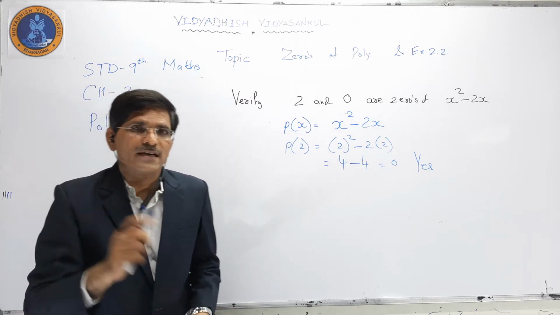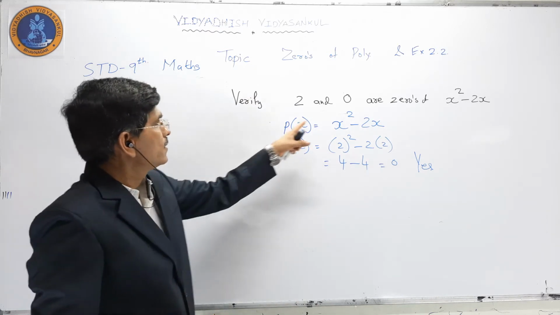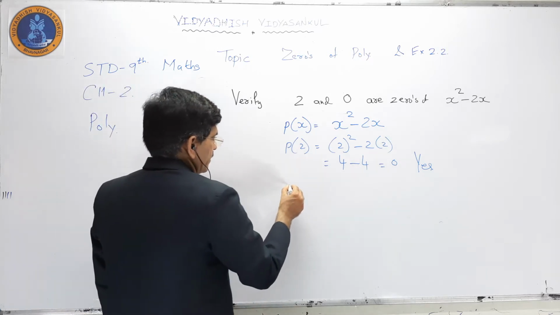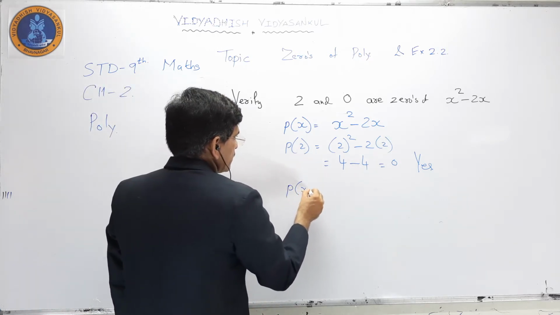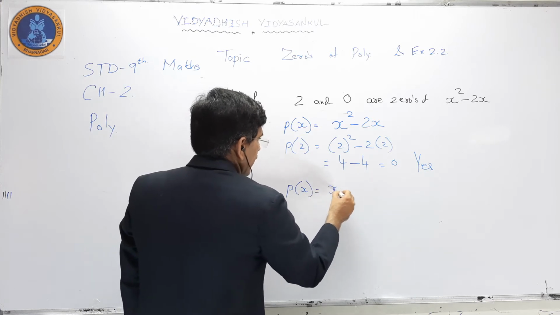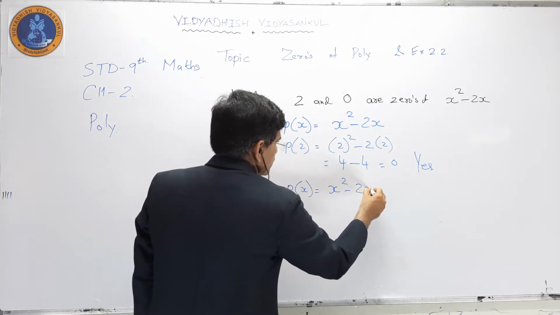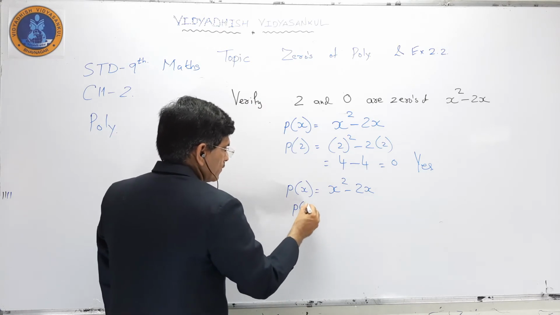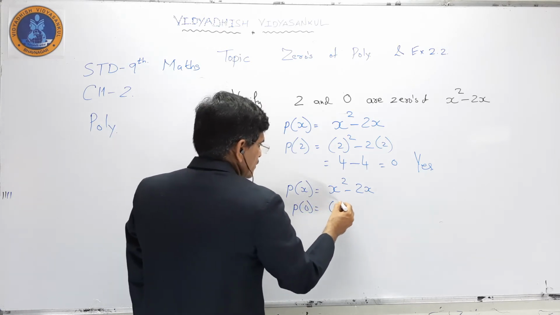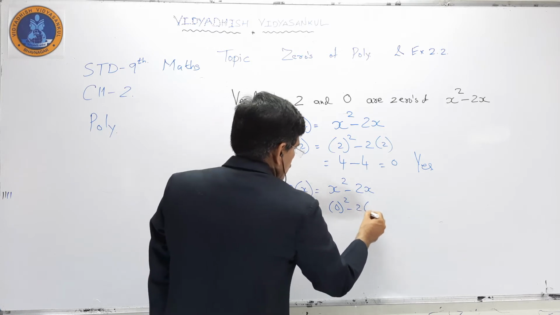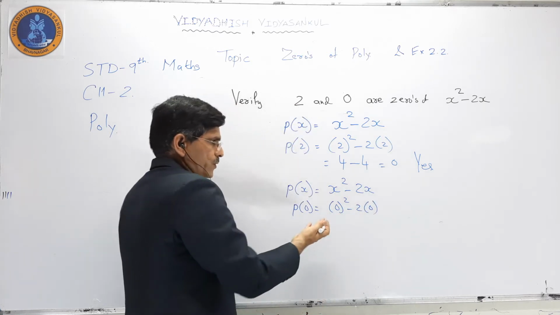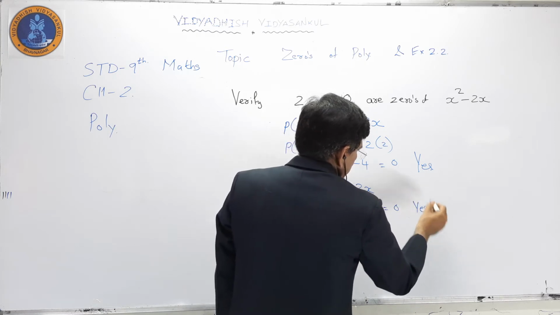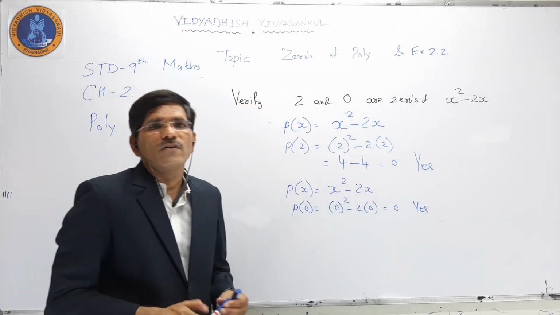Now for the second, is 0 a zero of the polynomial or not? p of x is x square minus 2x. Now p of 0: 0 square minus 2 into 0. 0 square is 0, and 2 into 0 is 0, so the answer is 0. Again we can say yes.